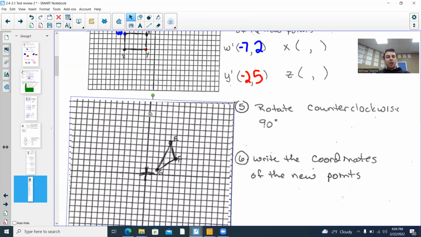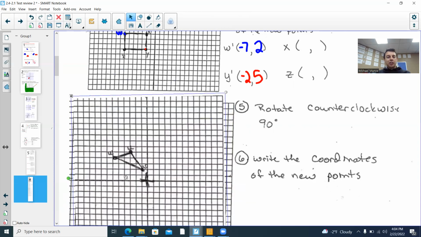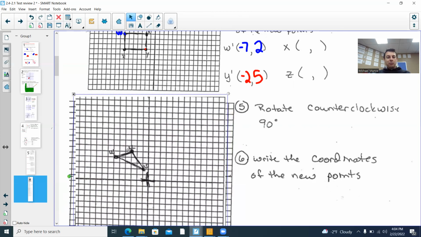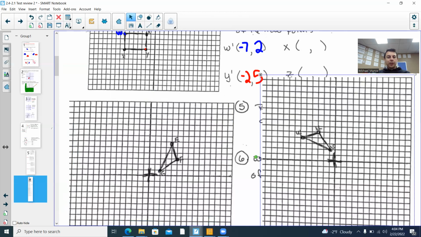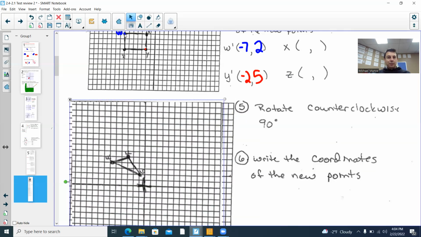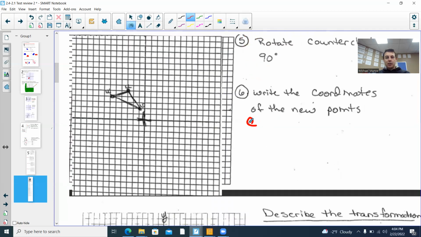So this one says 90 degrees counterclockwise. We're going to turn our whole paper one time to the left. So the triangle that we have should be in that top left corner, and it's starting off in the top right. I'm just going to write EFG here and label my points.